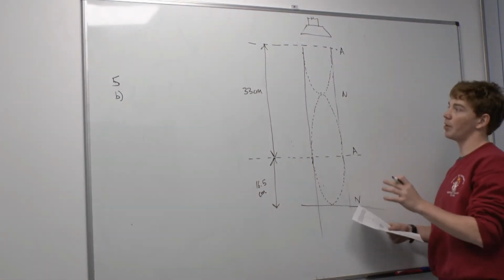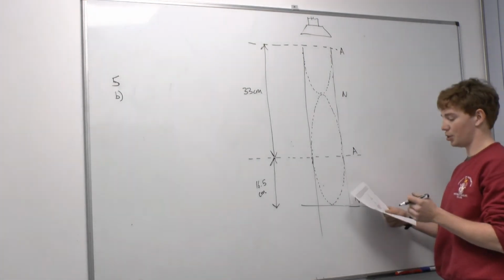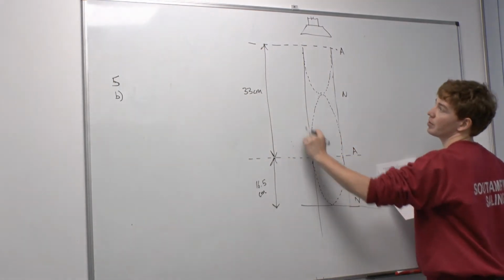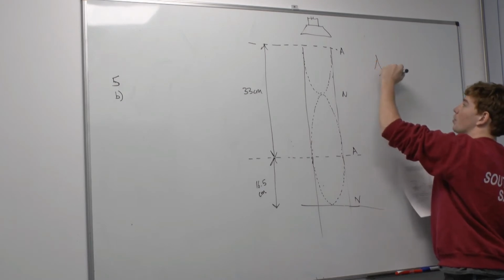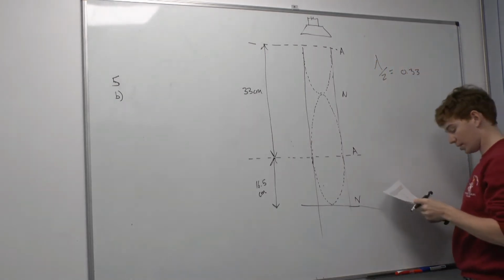Okay, so this next part of this question says calculate the speed v, the speed of sound in the tube. So we know we've got this distance here, and we know that this is half a wavelength, this distance here. So we can say lambda over 2 is 0.33 meters. It's important to do it in meters.